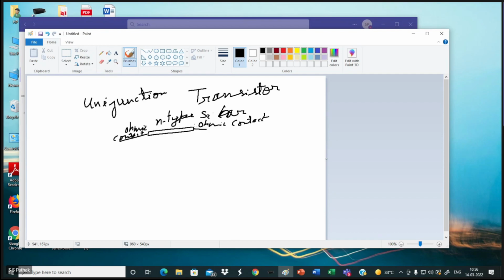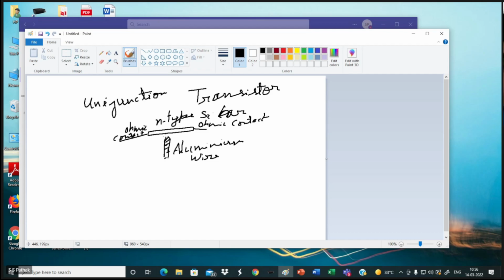So the silicon bar has simple resistance here. This is ohmic contact. Then you take aluminum wire. I am putting the aluminum wire like this kind of shape.